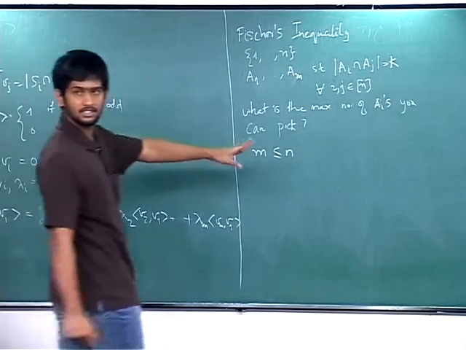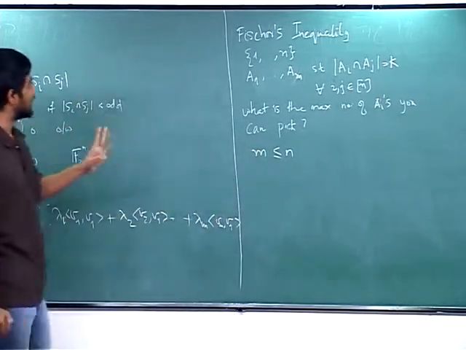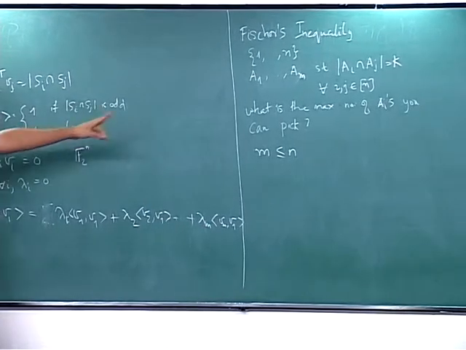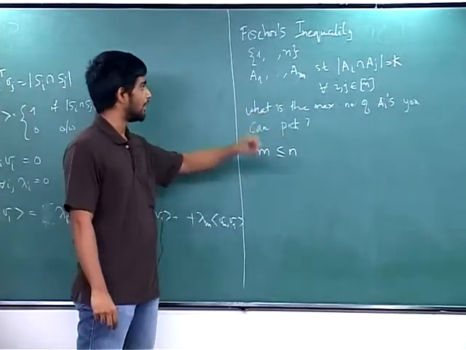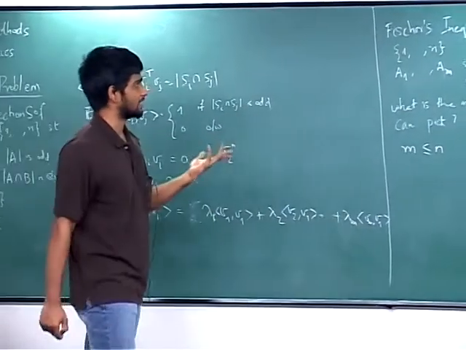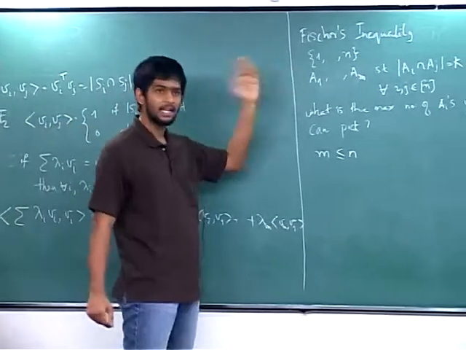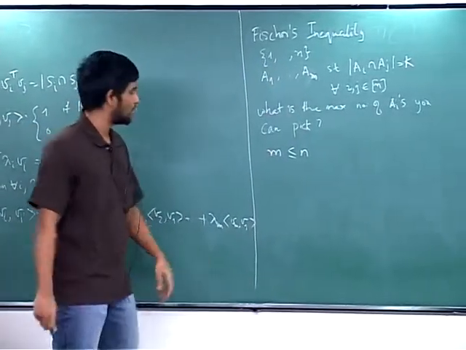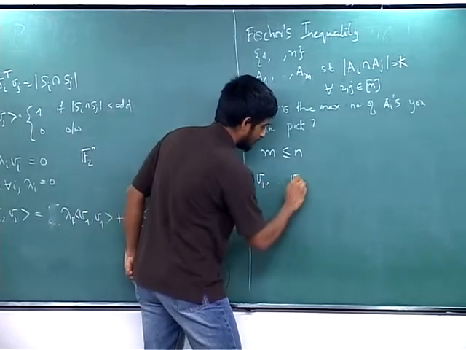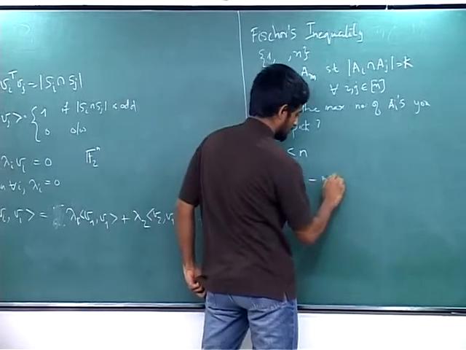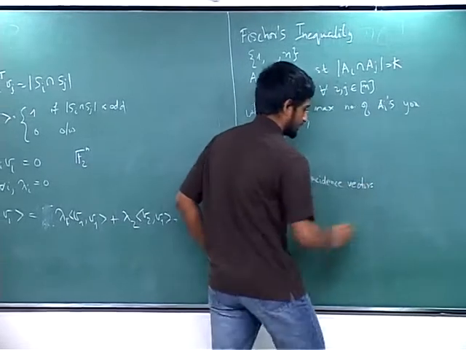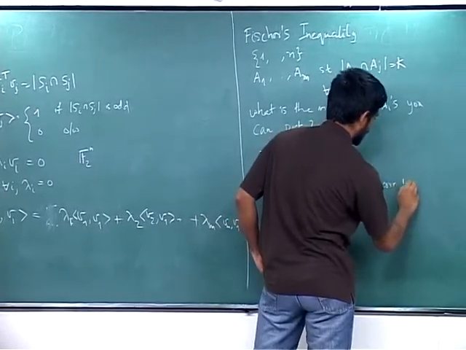So I'm saying that for any k, this is going to be true. The idea is again exactly like this. You want to associate some vectors to these sets A1 to Am, and show that they are linearly independent. What vectors can you think of associating? You will again look at the incidence vectors: v1 to vm, the incidence vectors corresponding to A1 to Am.